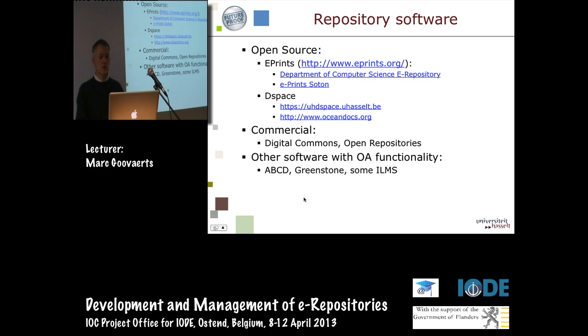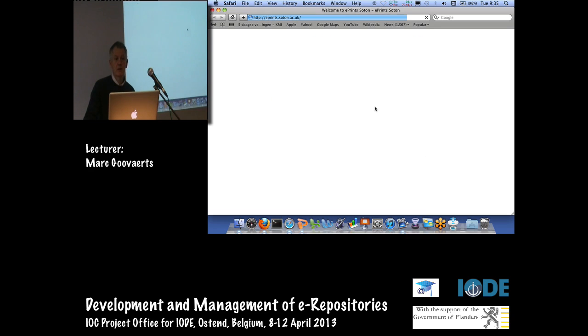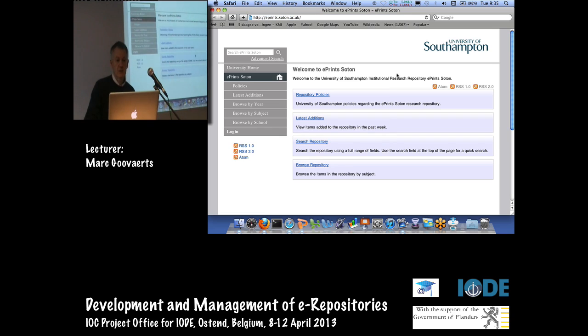Now, repository software. The two most important software packages at the moment are ePrints and DSpace. ePrints is created by the University of Southampton, so Pauline has more than emotional connections with it.